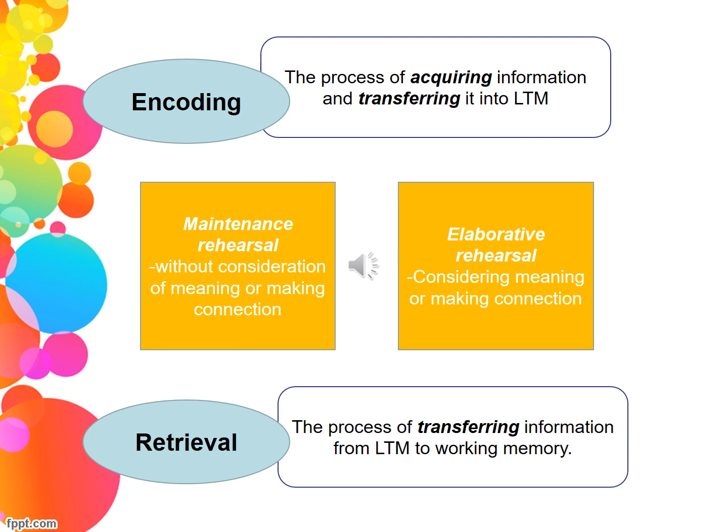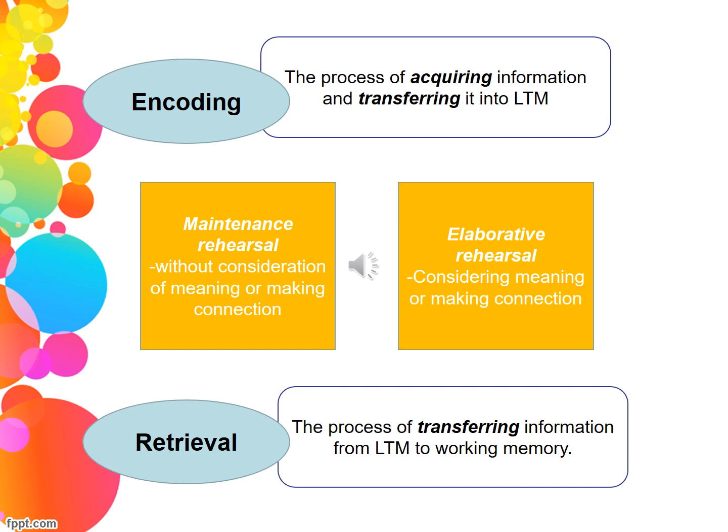There are several ways that can help you to encode the information and transfer it to long-term memory. But over here, we will talk about the most commonly explained, which are maintenance rehearsal and elaborative rehearsal. Maintenance rehearsal is more like you keep on repeating, but you are not going deeper, which means you are not trying to understand the meaning or make connections between this new information and other information.